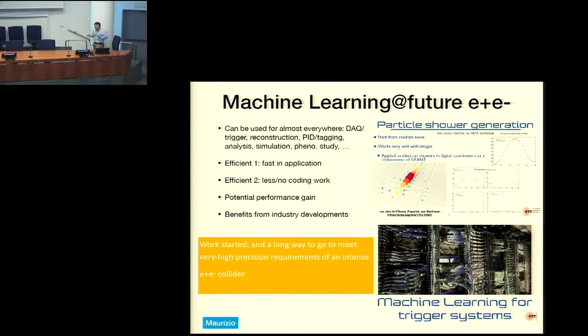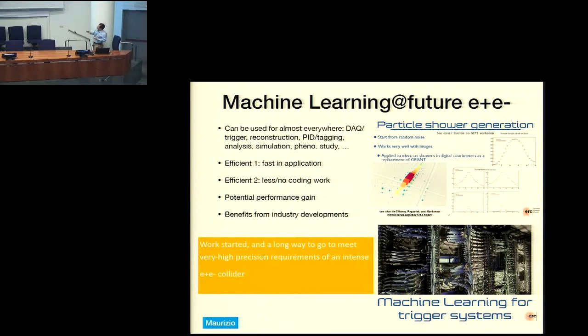We also have a talk on the new technologies, the so-called machine learning and deep learning, because it's a very promising technology for future high energy physics. It can be used almost everywhere, something like DAQ, trigger, reconstruction, and PID tagging, flavor tagging, and also analysis.